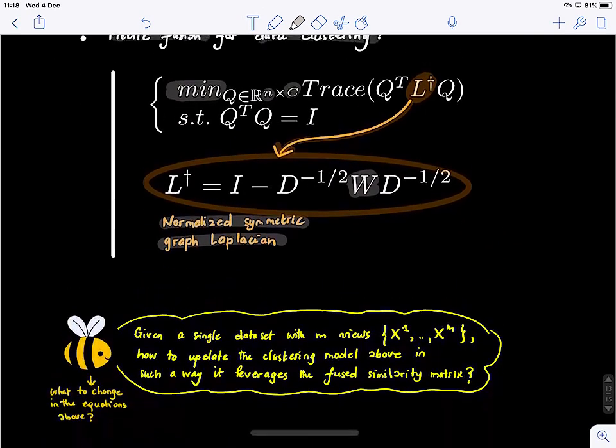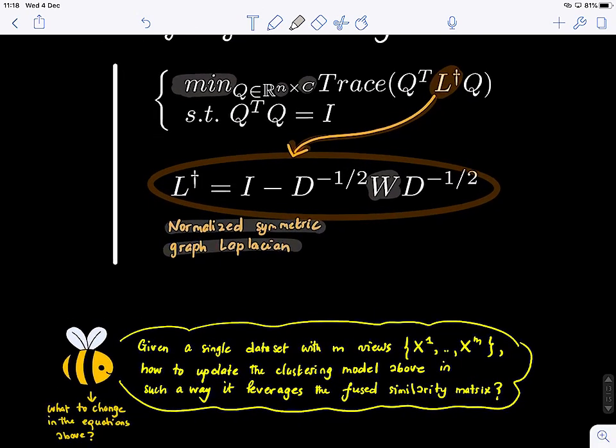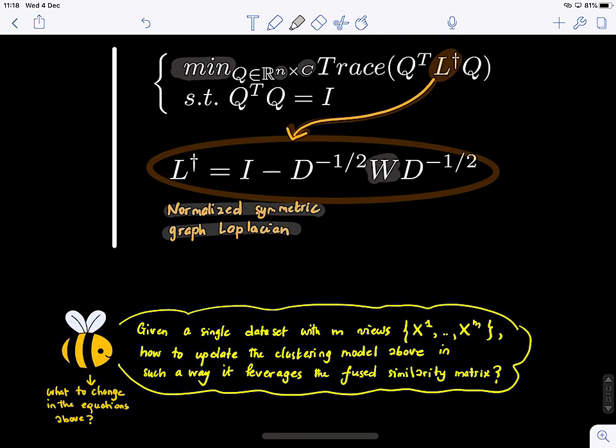But what I would like you to answer is this question. Given a single data set with M views, how to update the clustering model above in such a way that it leverages the fused similarity matrix? Basically, what to change in the equations above. So you have multi-view data and you want to do clustering.